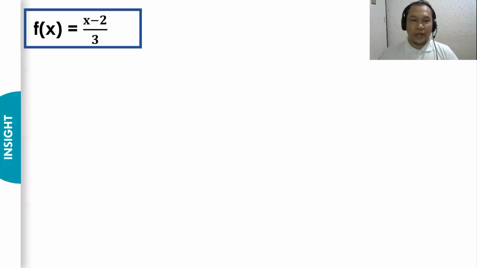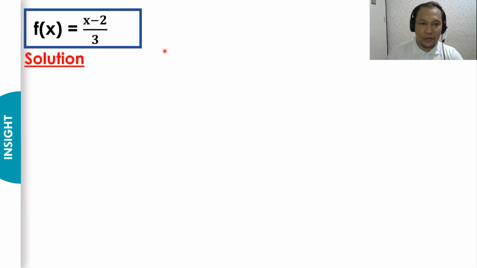Okay, another example that we have here is f of x is equal to x minus 2 all over 3. Now, this function is a linear function wherein we are not going to have a restriction for our x. Okay? Thus, we are going to use our three-step rule.